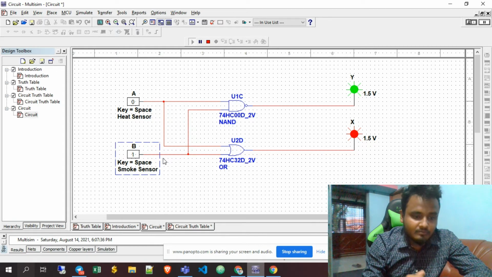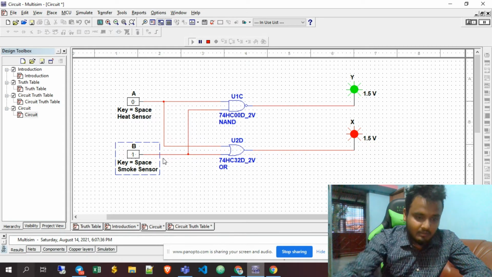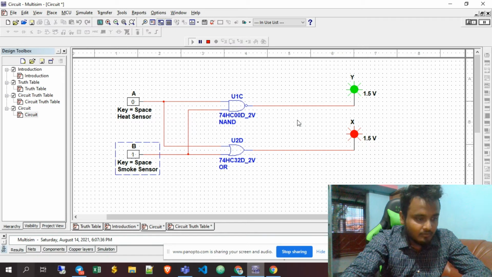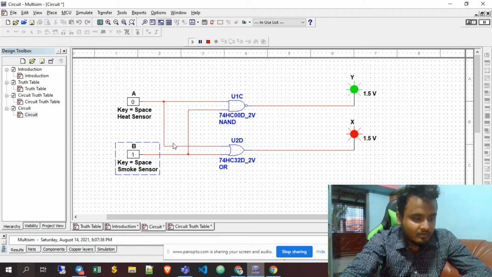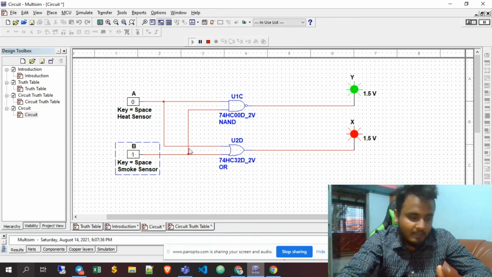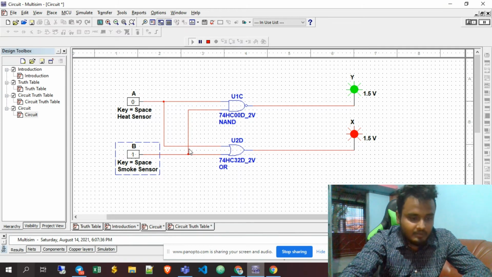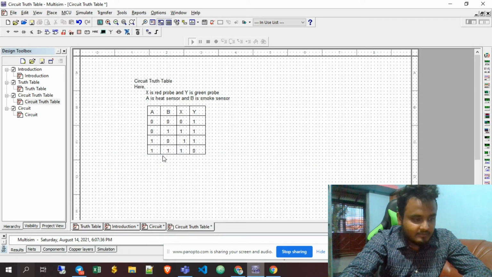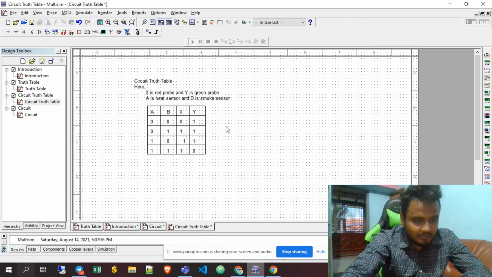In this situation both the green light and red light turn on. When the green light and red light turn on, we need to check if there is any problem with our system or not. Then we come to the truth table again, and at the second row we can see that both X and Y are turned on.